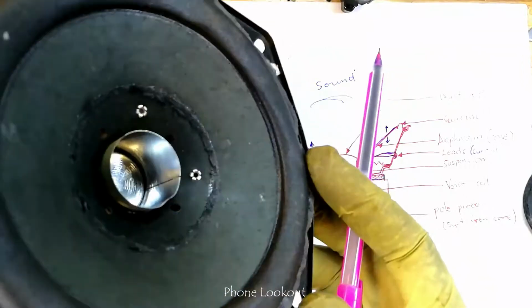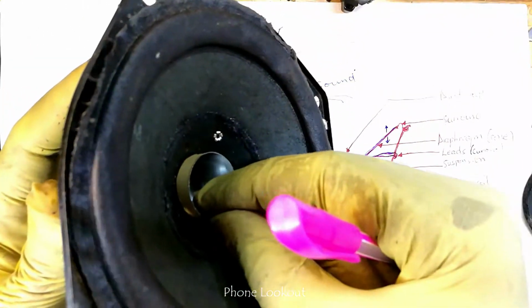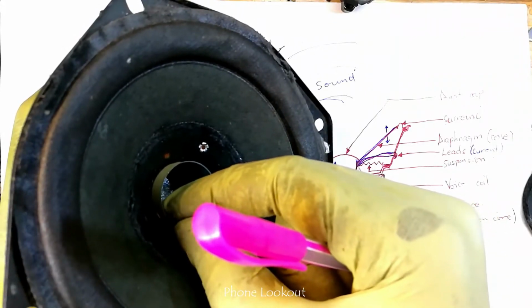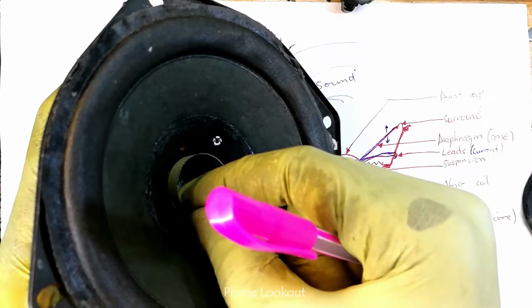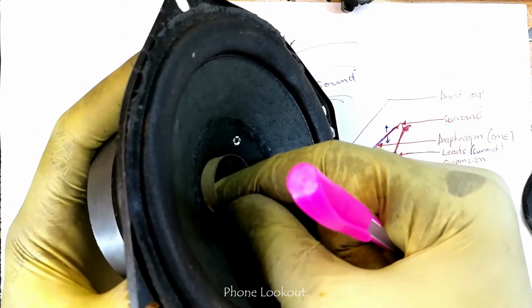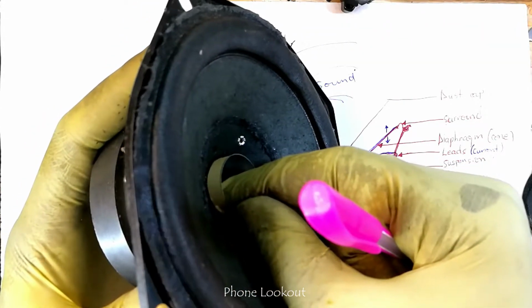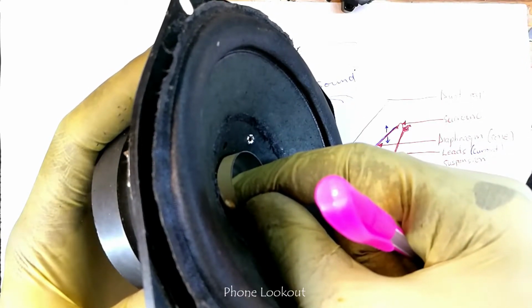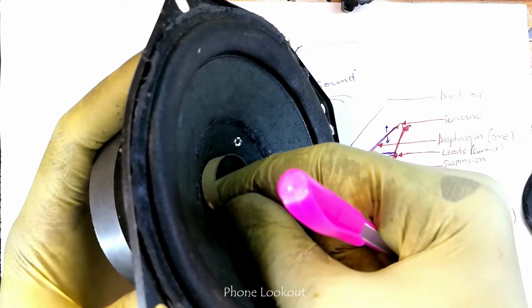So in essence, every time current is sent to it, if current is sent in the positive direction, this shaft will move because the coil moved and push the diaphragm outwards. And then if the current is reversed, it pulls it back inward.